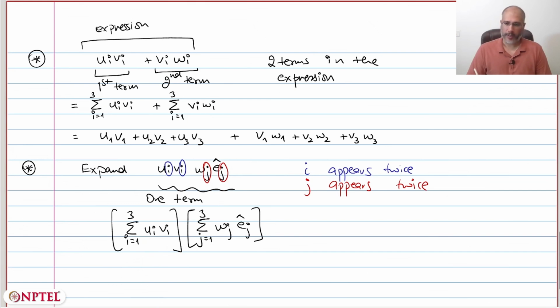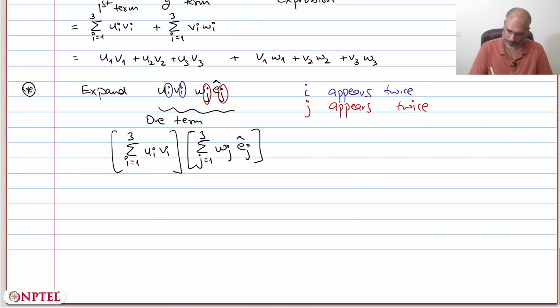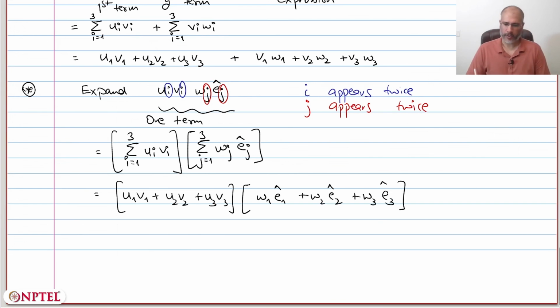And now we can expand the whole expression. So this is the expanded expression. I won't multiply the terms because we'll have u1 v1 multiplied to all these three terms.